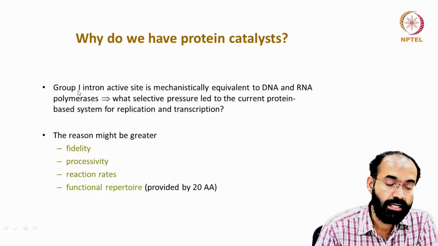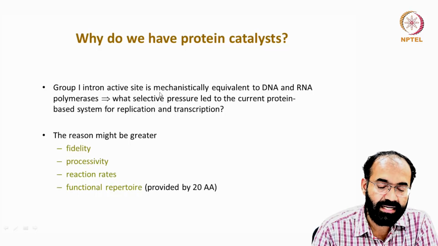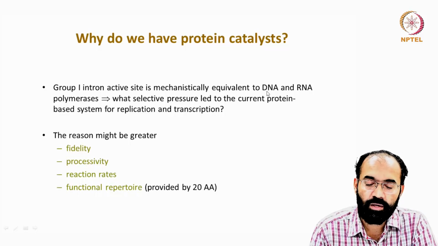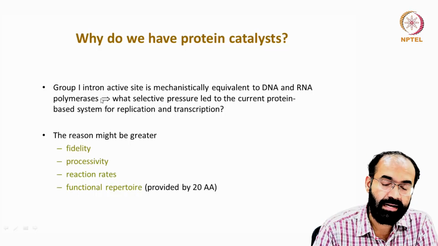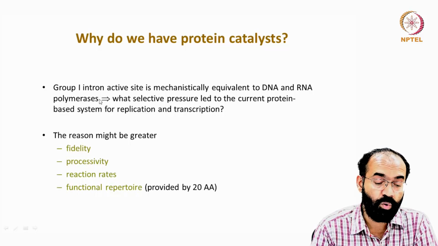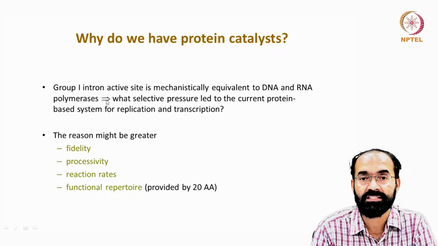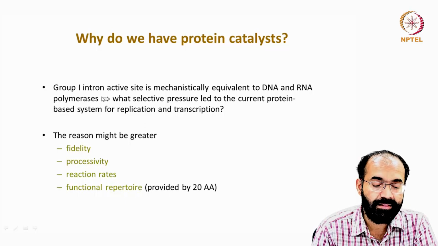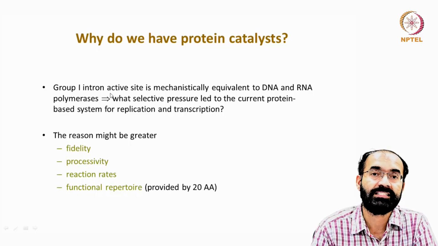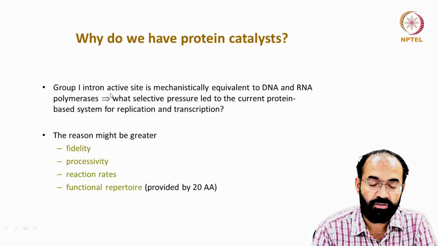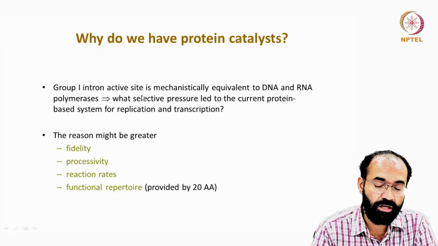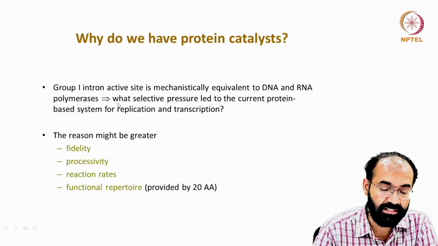We have seen that the group 1 intron active site is mechanistically equivalent to that of DNA and RNA polymerases, which we see in protein enzymes. DNA and RNA polymerases are nothing but protein enzymes.